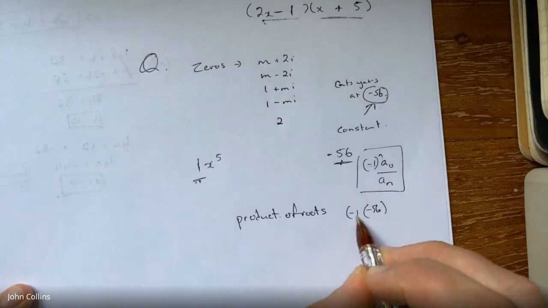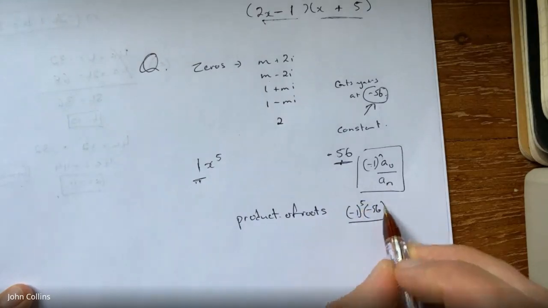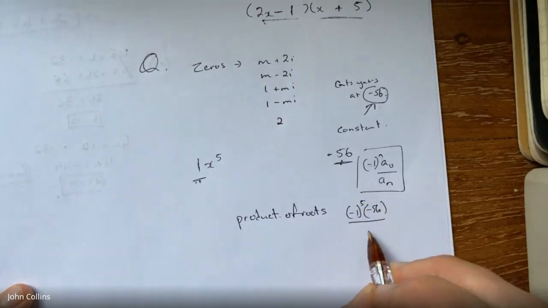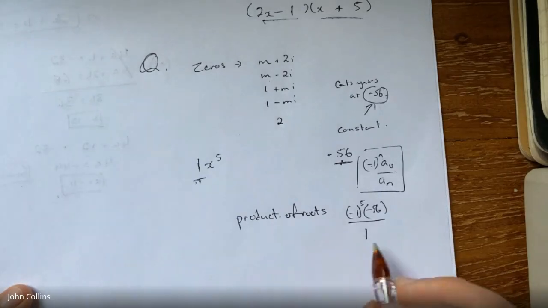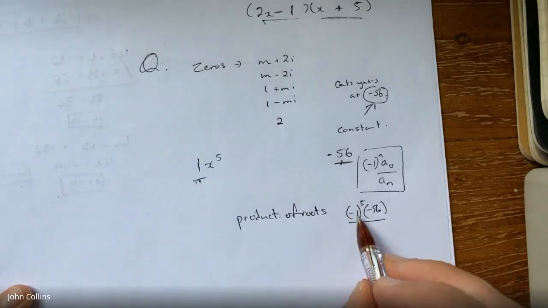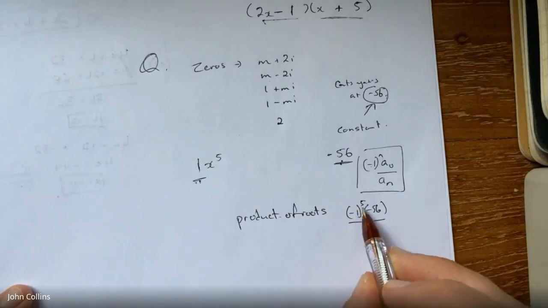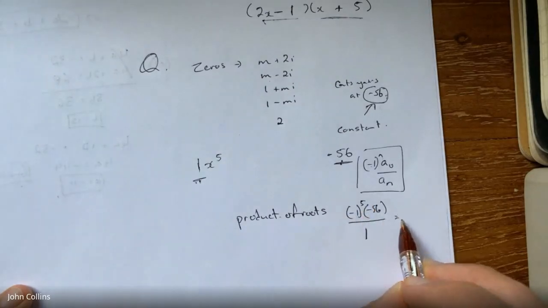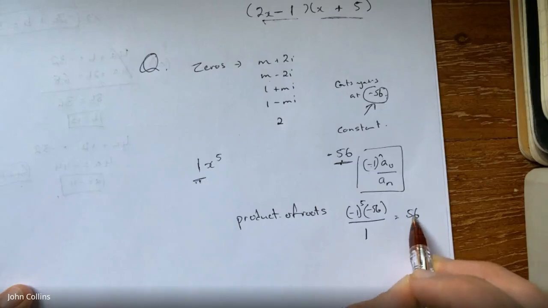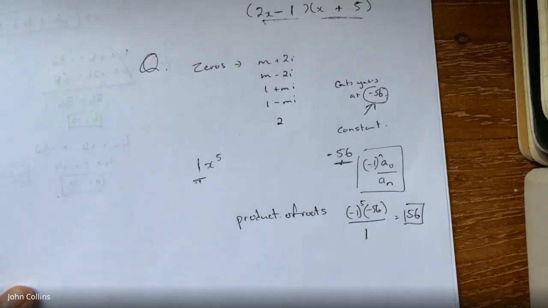Minus 1 to the power of n is minus 1 to the power of 5. There's 5 terms, that tells us that. And an is going to be 1, the coefficient of the first term. That's very convenient. So minus 1 to the power of 5 is minus 1, times minus 56 is plus 56. So plus 56 is the product of the roots.